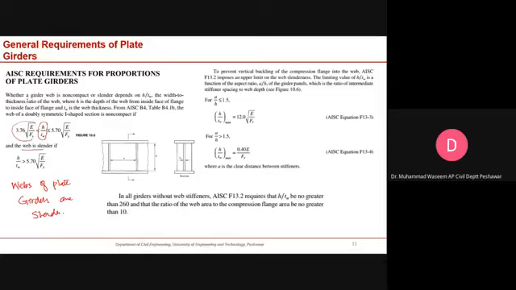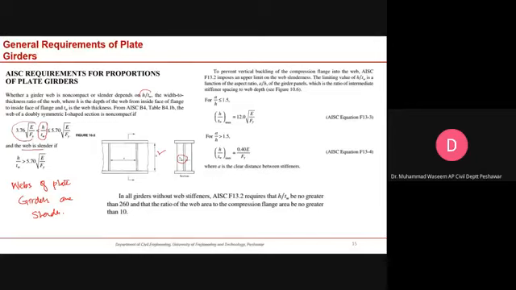Let's go through the text. Whether a girder web is compact, non-compact, or slender depends upon this ratio. What is h? This is h, given here. What is thickness? This is the thickness here. The width to thickness ratio of the web, where h is the depth of the web from the inside face of the flange to the inside face of the flange, and tw is the web thickness.